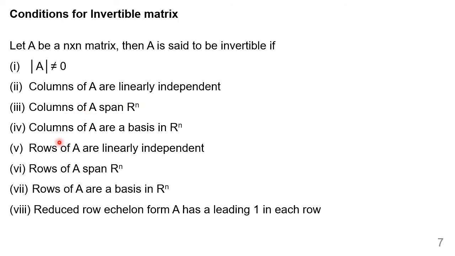Fourth, columns of A are a basis in Rn. Fifth, rows of A are linearly independent. Sixth, rows of A span Rn. Seventh, rows of A are a basis in Rn. Eighth, reduced row echelon form of A has a leading one in each row.